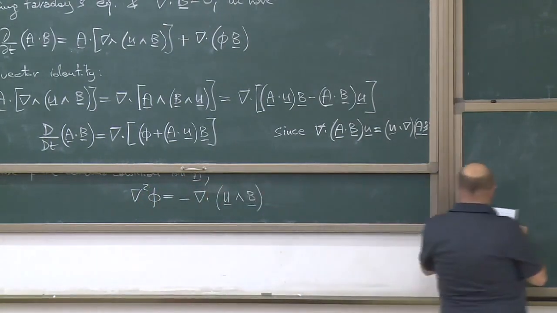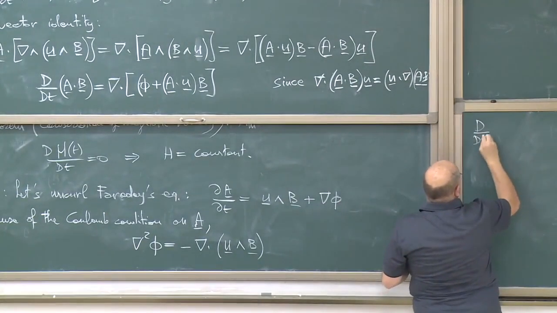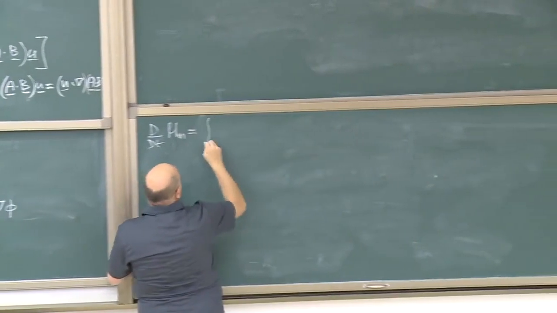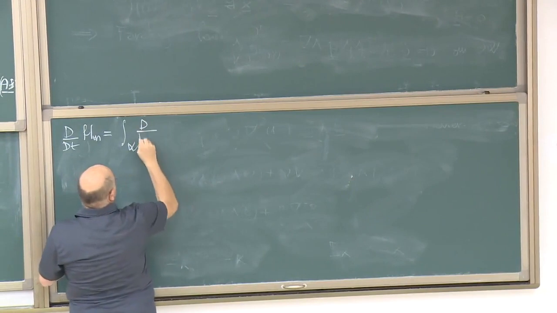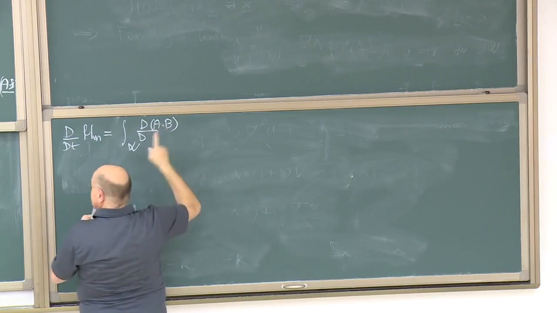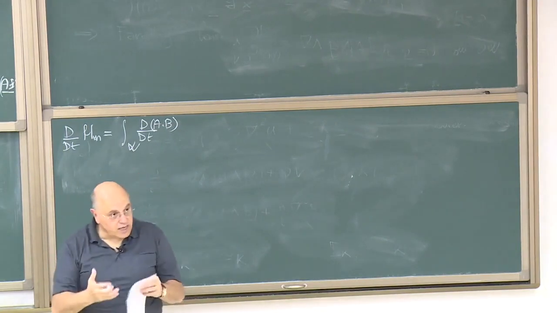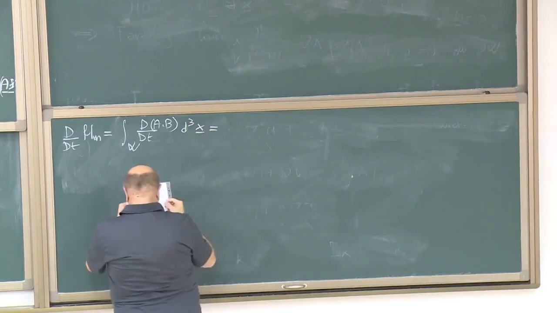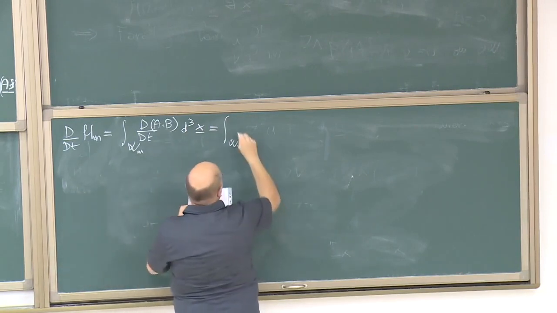So dH_M/dt is equal to the integral. I go inside, this is a material volume. I use the same transport theorem, but now B has no flux through the surface, so we have just the d^3x over V magnetic of div.